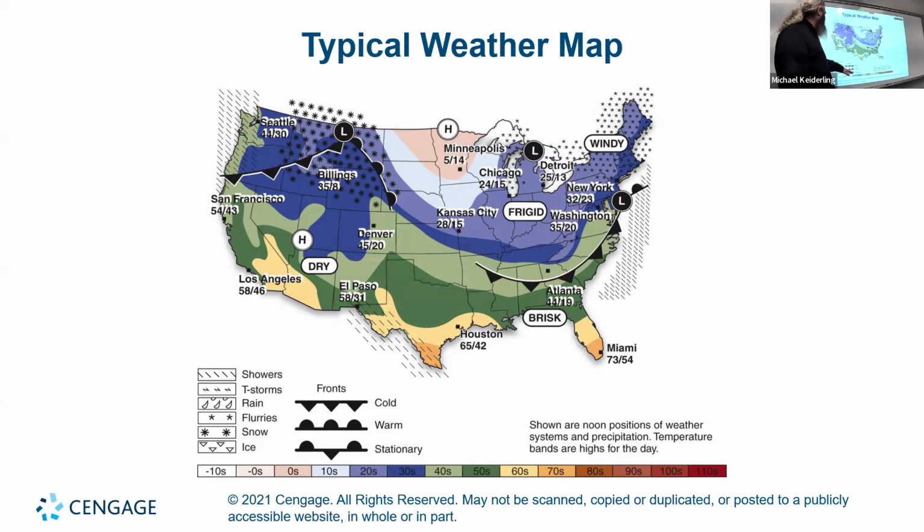Various colors indicating temperatures, symbols indicating the type of precipitation, and the temperatures are listed at various locations. Again, another cold front here, another warm front there. And these are low pressure areas and high pressure areas.